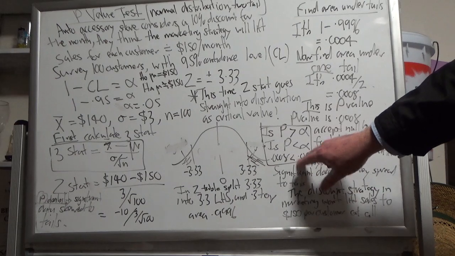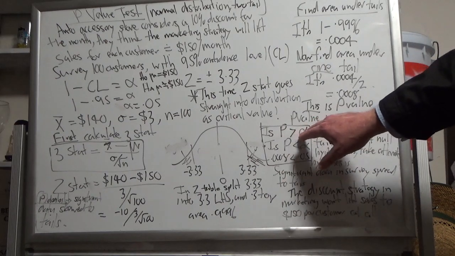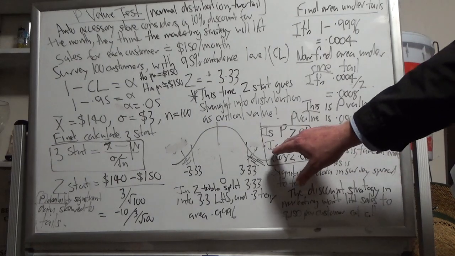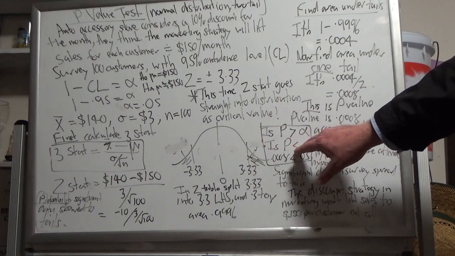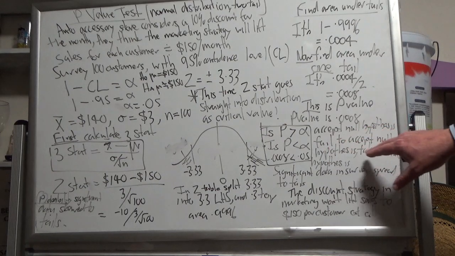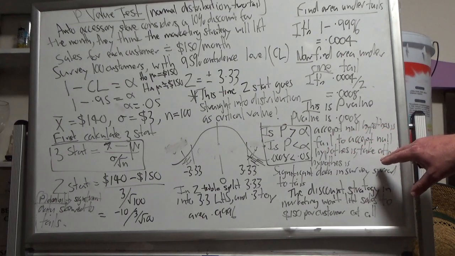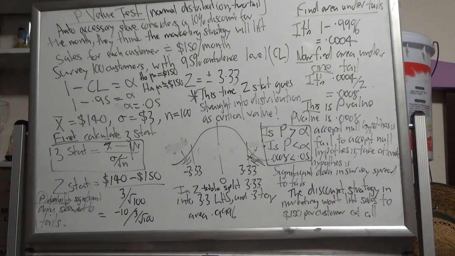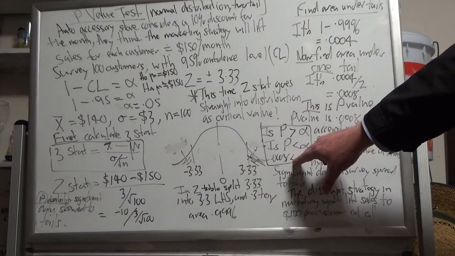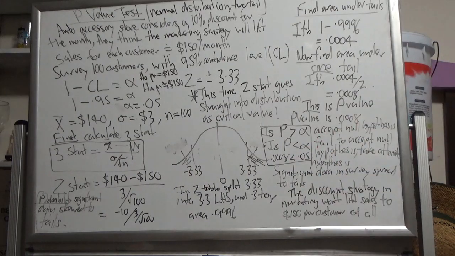So if p is greater than alpha, we accept the null hypothesis. If the p-value is less than alpha, we fail to accept the null hypothesis. So in effect, we take the alternative hypothesis. So in that sample, we take the alternative hypothesis, okay?